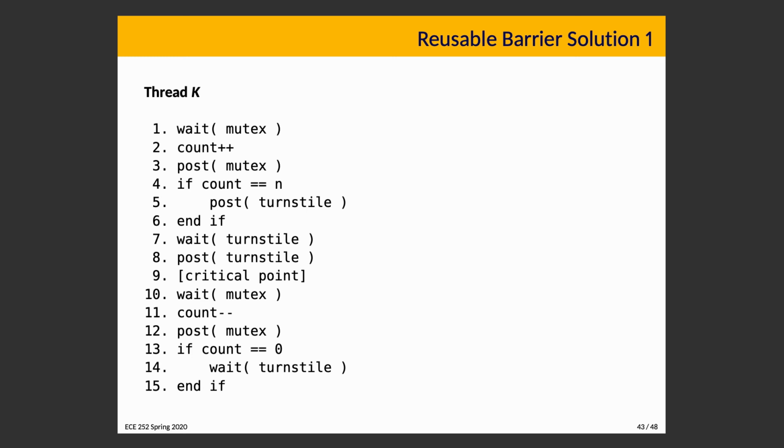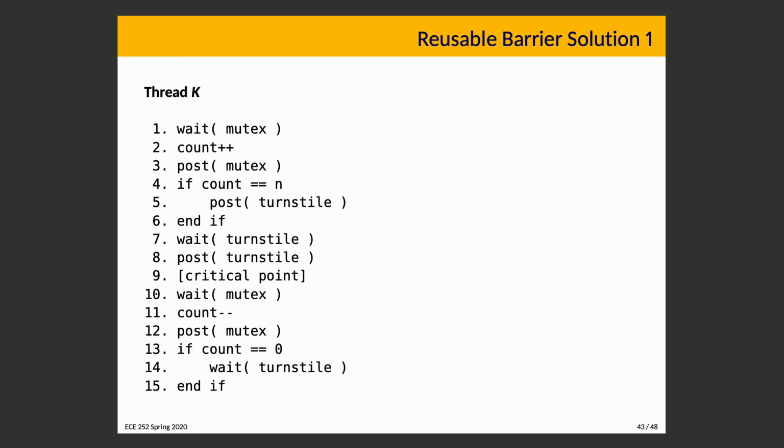And we can see, of course, that we have a reusable barrier for one reason: because we have a balanced number of wait and post statements. So mutex, again, is straightforward. Every thread does wait and post on mutex, so there's no concern for balance there. And every thread does wait and post at lines 7 and 8.